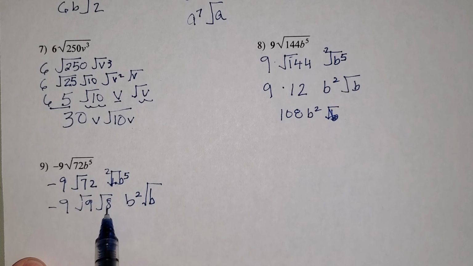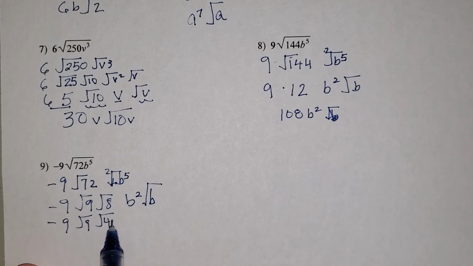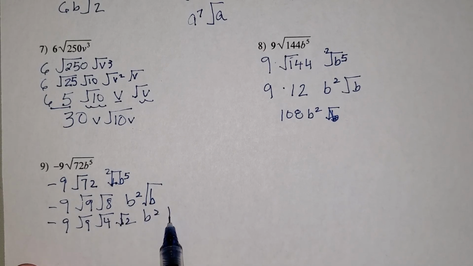You look at this, 8 we can still factor again. Perfect square is 4, so 4 times 8. So let's do that. 4 times 2, bring everything else down. All right, negative 9 hanging out in front. Square root of 9 is 3. No radical sign. Square root of 4 is 2. No radical sign.